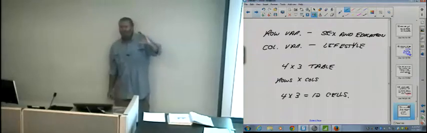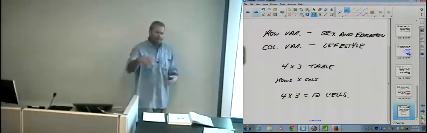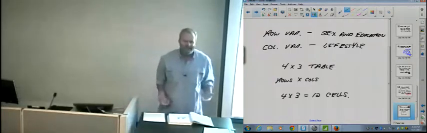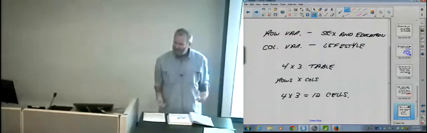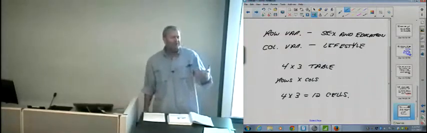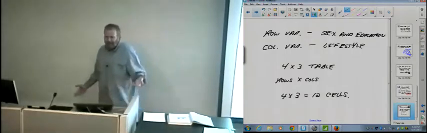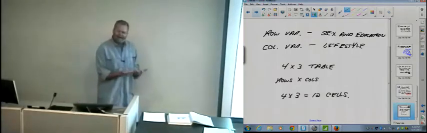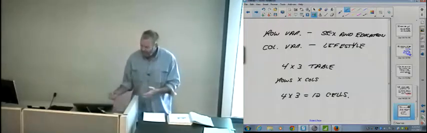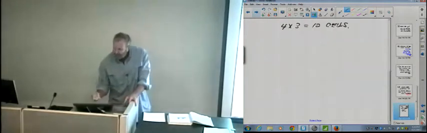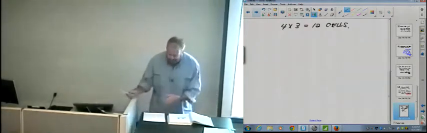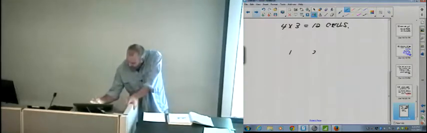Right? So a two-way table is always the number of rows by the number of columns. Multiply those 2 numbers together, and then there's so many cells in this table. Right? If it's 4 by 3, there's 12 cells. If it's 5 by 3, there's 15. If it's 5 by 2, there's 10. Right? I'm actually looking at the body of the table here. And this is how I would label them. If there's 12 of them, I would go 1, 2, 3.